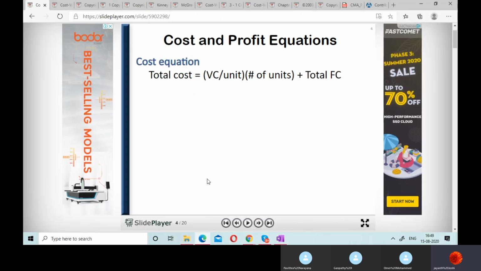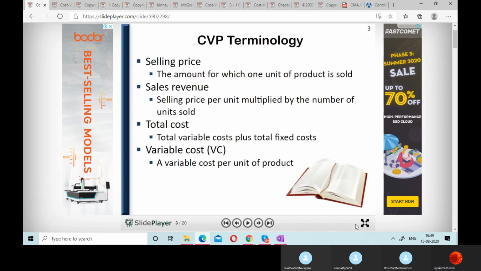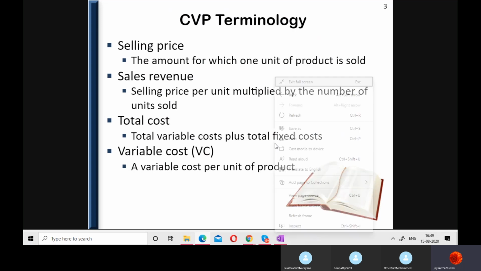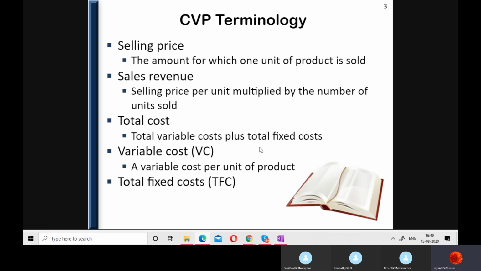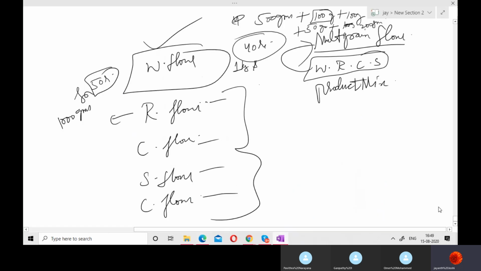So total cost is a combination of total variable cost plus total fixed cost. For variable cost, you take the per unit variable cost, multiply with the number of units, and you get the total variable cost. Total fixed cost is always fixed. When you combine both of them, you get the total cost.